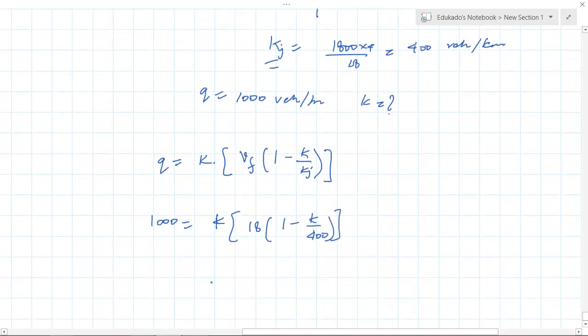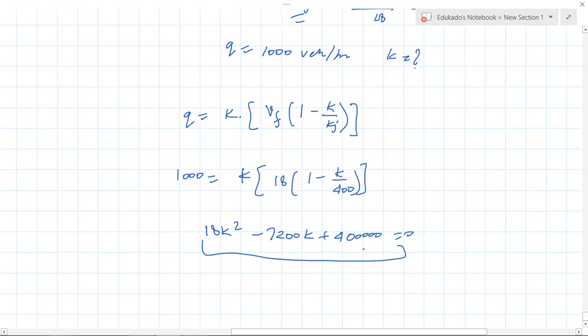So the quadratic equation formed will be 18k square minus 7200k plus 4 followed by 5 zeros equals 0.